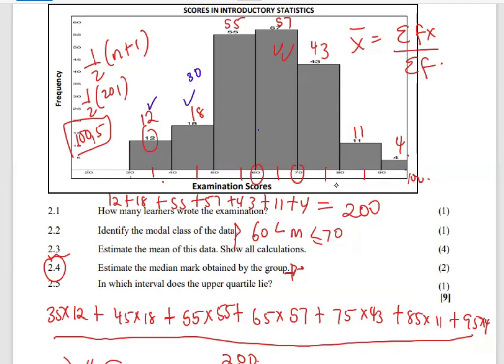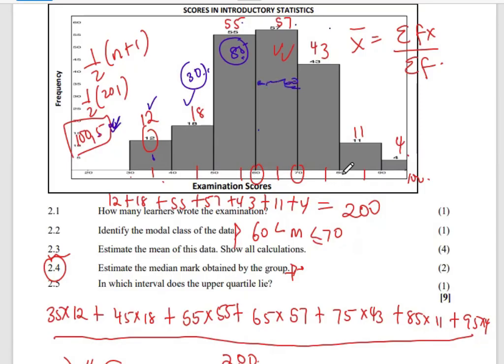So we know that the median cannot be in the first bar because it is smaller than 100,5. 30 is still smaller, then meaning that we're going to add the 55 to give us a total of 85. 85 is still smaller than 100,5. Then when we add the 57, we get an answer that is bigger than even 100,5, meaning that our 100 falls within this class interval.